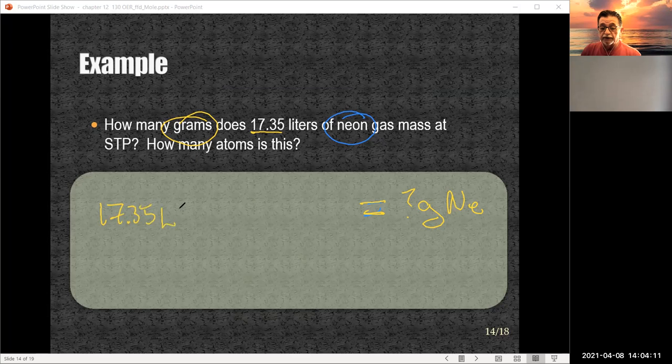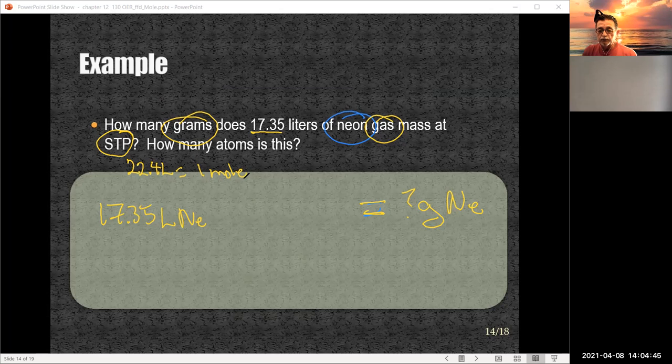And the other part of the problem is STP, which means that I can use the 22.4 liters is equal to 1 mole relationship of any gas, because we are talking about neon gas. But since we are at STP, they're telling us we want grams.